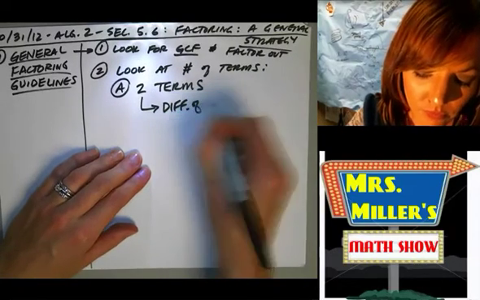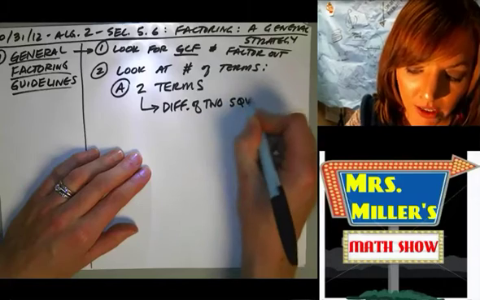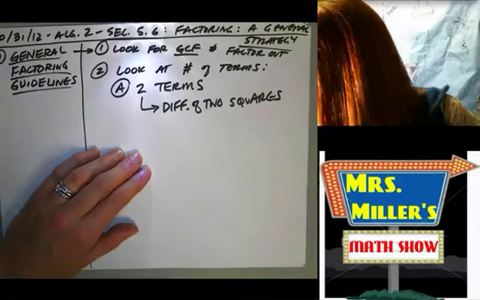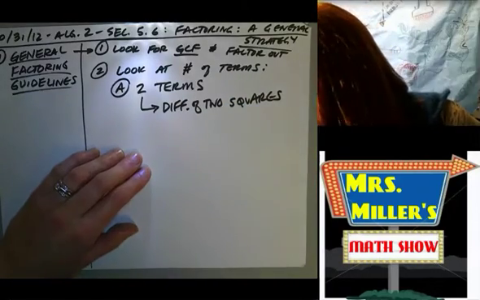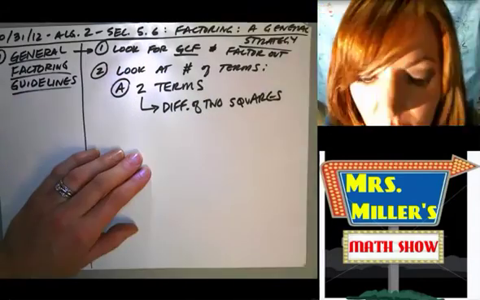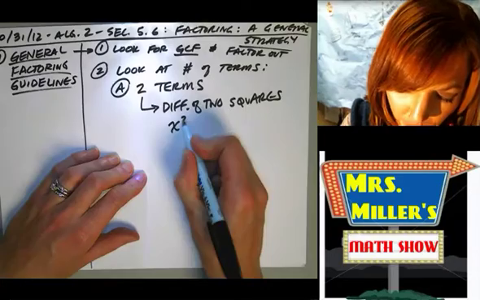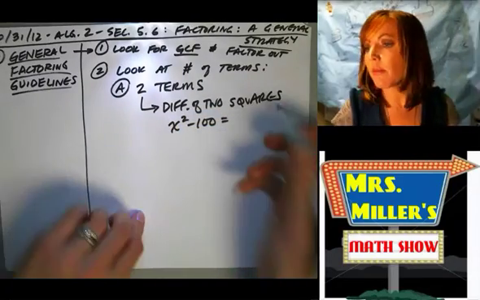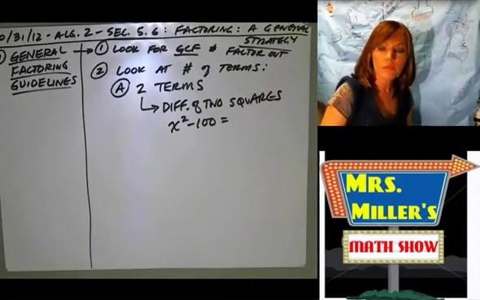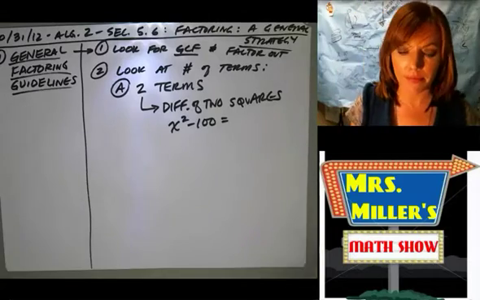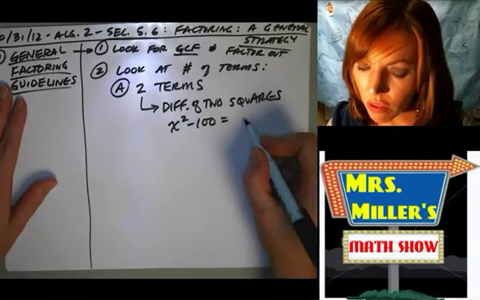So difference of two squares, let me give you an example of that. How about if you have something like x squared minus 100? Does anybody remember how that's factored? Alyssa? Good.